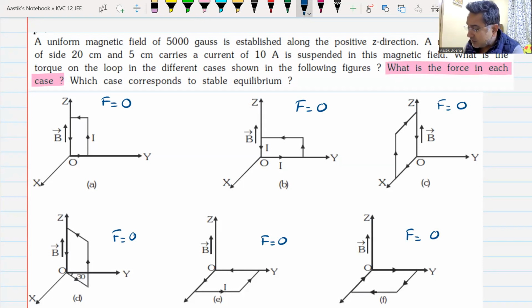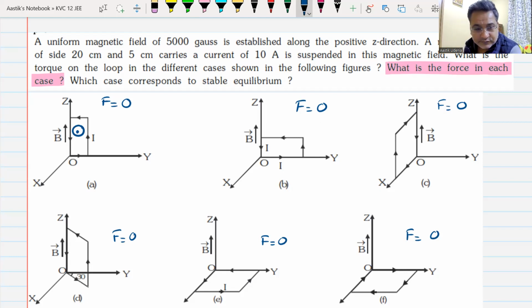Okay. Now, in all the cases, you can find out the magnetic moment of the loop. It is NIA. N is 1 here, I is given, area is given. You just have to find out the direction. In this case, the direction of the magnetic dipole moment is coming out.